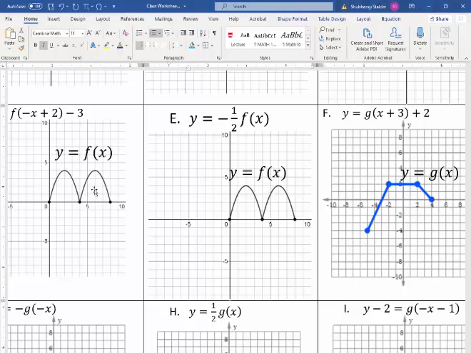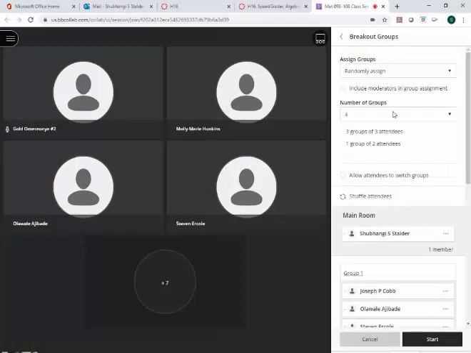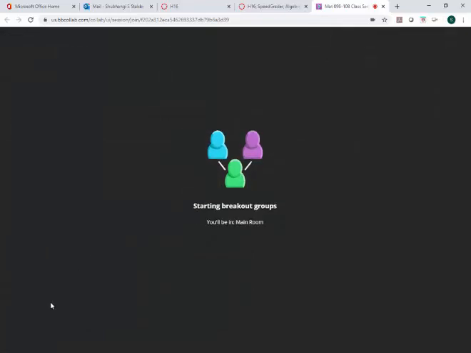So each row, group 1 is row 1, group 2 is row 2, and so on. And so you'll have 4 groups. So I'm going to put you into groups, and then I will come and check with each group. So go ahead and go into your groups.